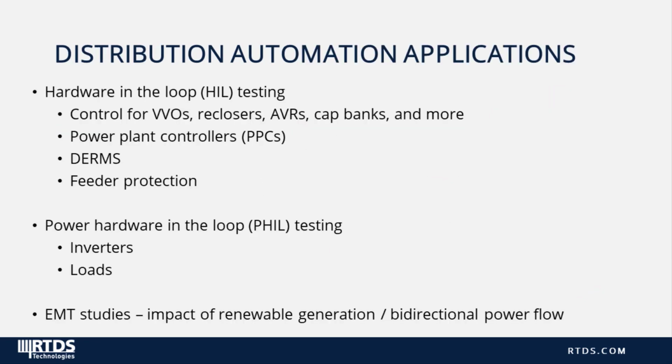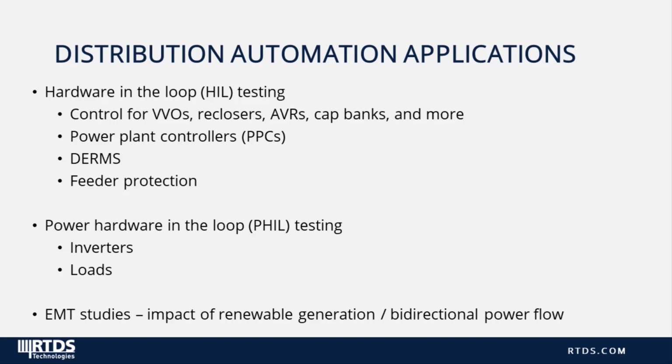So here's a non-exhaustive list of examples of distribution-related applications that we've seen with the RTDS. There is the HIL testing of distribution control devices like volt-var optimization systems, advanced reclosers, capacitor bank control, voltage regulator control, real-time automation controllers, bay control, network reconfiguration systems.